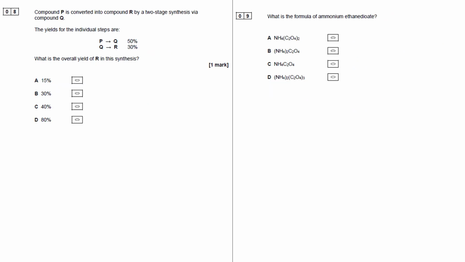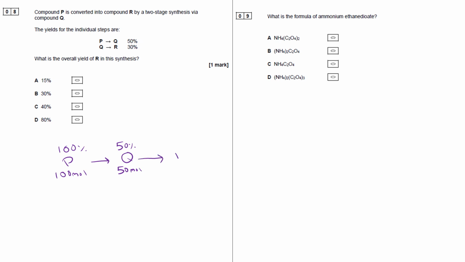Question number 8. Compound P is converted to compound R via a 2-stage synthesis. Let's say you start with 100% of the atoms of P. Once you get to Q, you only have 50% of your atoms left. So you've got 50% yield. For simplicity, let's say you've got 100 moles to start with, you've now only got 50 moles left.